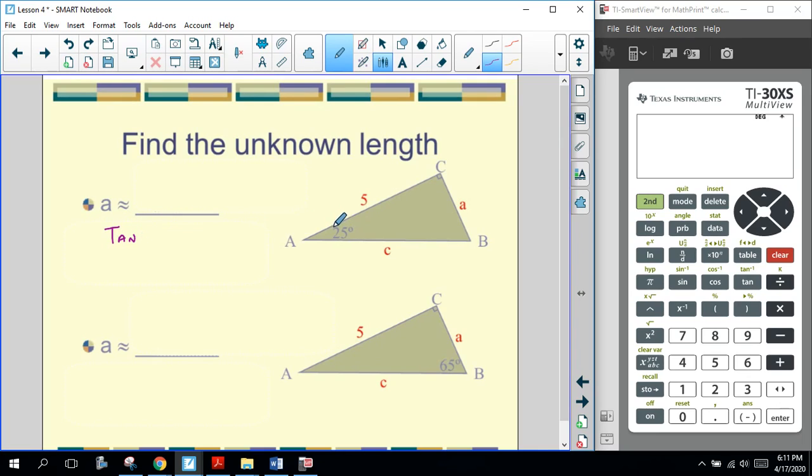Well, the acute angle that we're going to look at that we have labeled is this 25-degree angle. So it's the tangent of this 25-degree angle, and that is equal to the opposite. Well, the opposite leg is a over the adjacent leg. Well, what's adjacent to this 25-degree angle? Well, that's that length of 5.